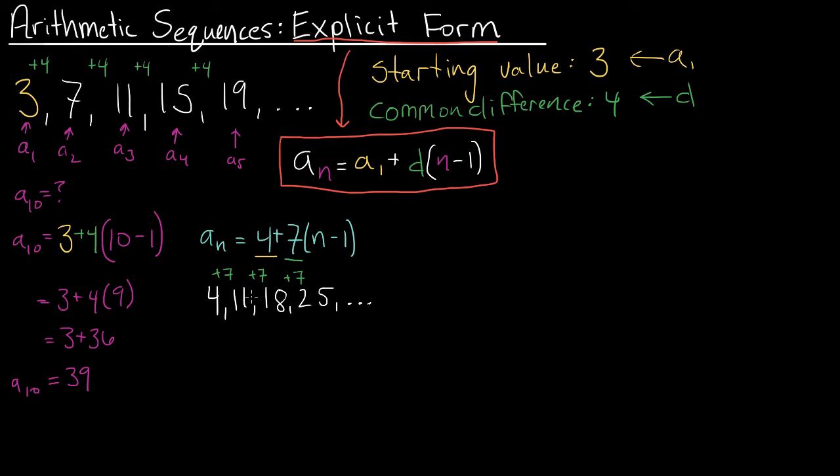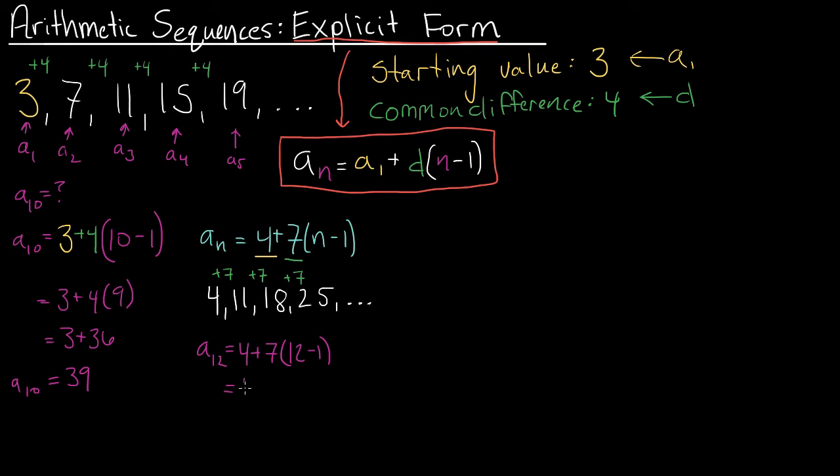If we wanted to find out what a sub 12 was equal to for this sequence, in other words, the 12th step in our sequence, we could do it like this. I'm going to write out a sub 12, because we're trying to find the 12th step, and that's going to be equal to the right-hand side of the equation here, but we're going to substitute in 12 for n. So we have 4 plus 7, and then 12 subtract 1.